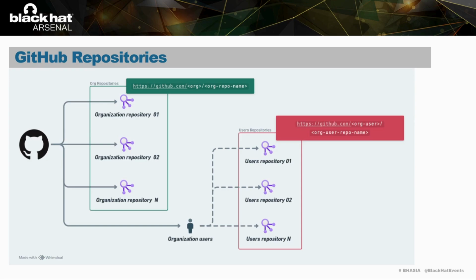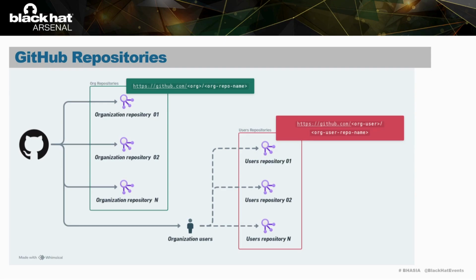GitHub repositories created under any organization can be controlled by the GitHub administrators, which means anything in green can be controlled by the administrator. However, any repositories created under the organization's user account are not controllable unless the organization has adopted the GitHub Enterprise Managed Users model, also known as GitHub EMU.